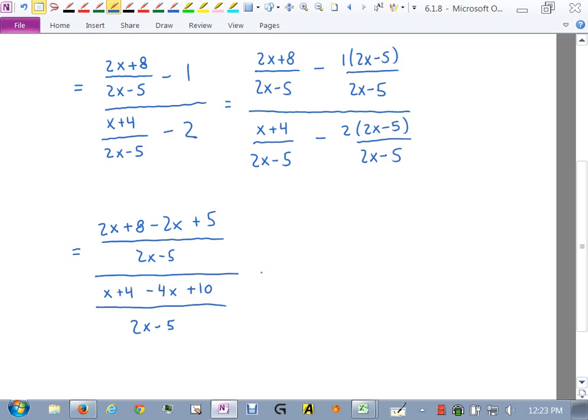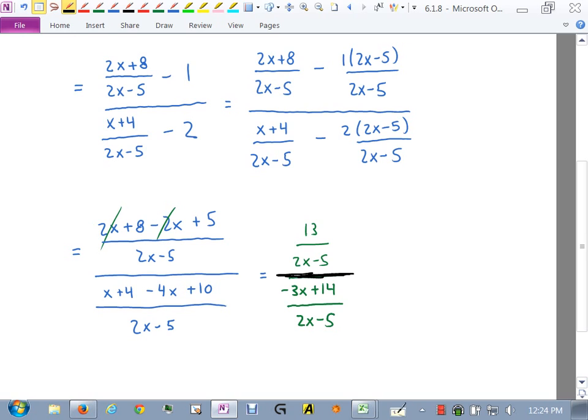Let's clean up those numerators here. 2x, take away 2x. So 13 over 2x minus 5 over negative 3x plus 14 over 2x minus 5. Remember, our big division bar is right here.